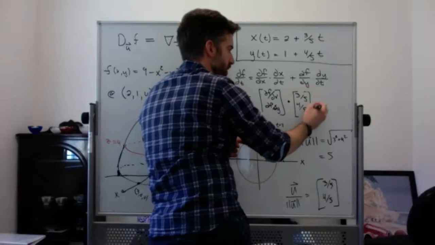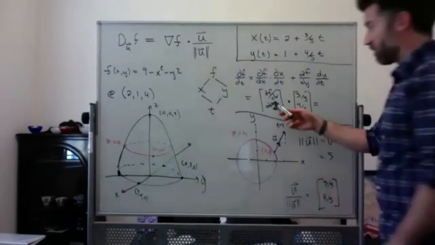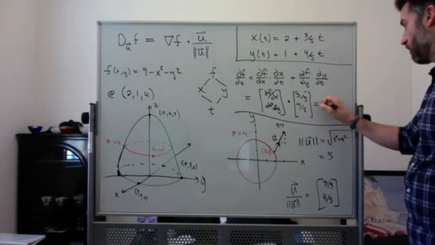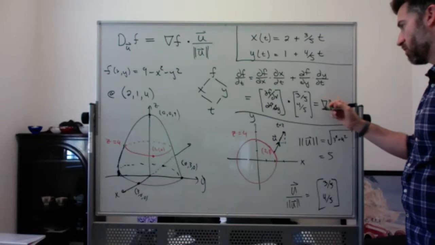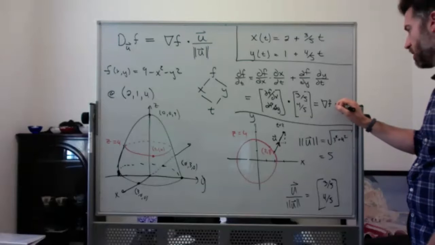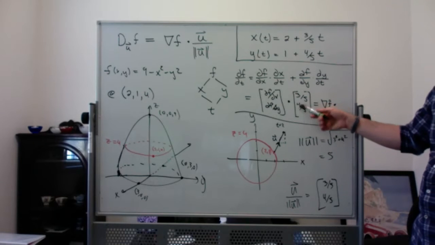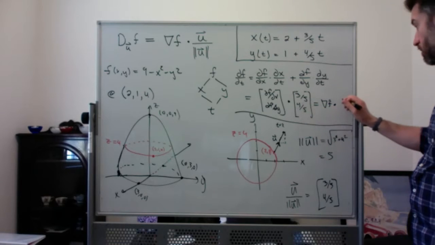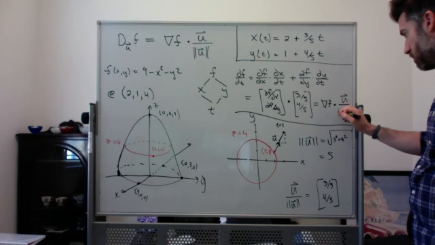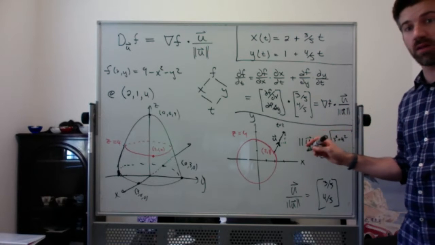So what I actually end up getting here is the gradient of the function f, which sometimes we write with an arrow above it to remind us of the vector, either way, dotted with the vector u that's been normalized. So I want to say this again really clearly.